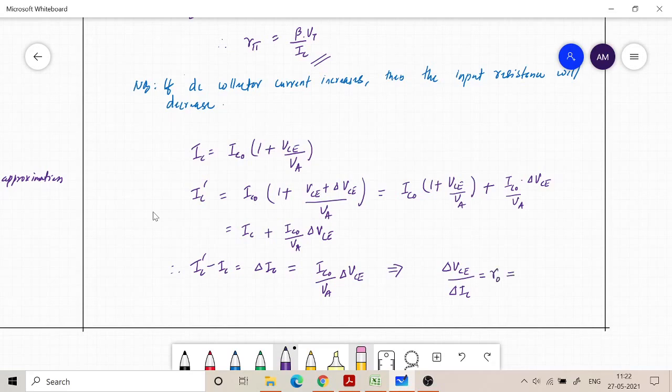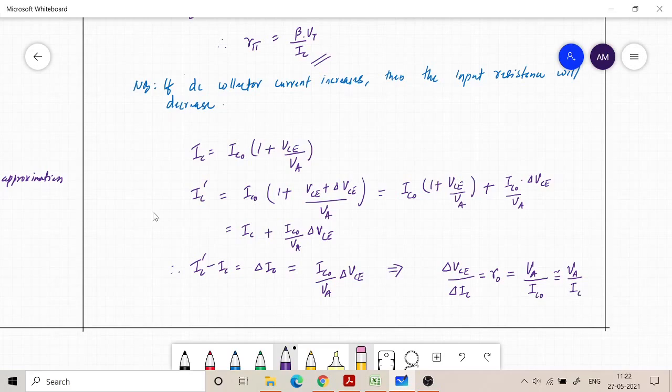I will denote it as small signal output resistance R0, and that is equal to VA by IC0, which I can approximate as VA by IC.